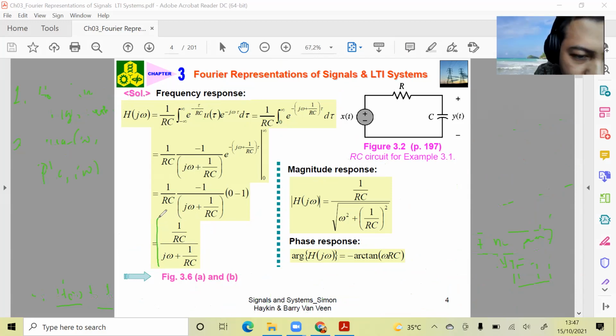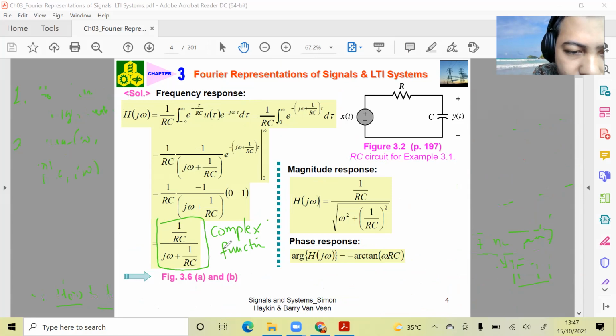You can see here, this is a complex number, or complex function. Why can we see this is complex?